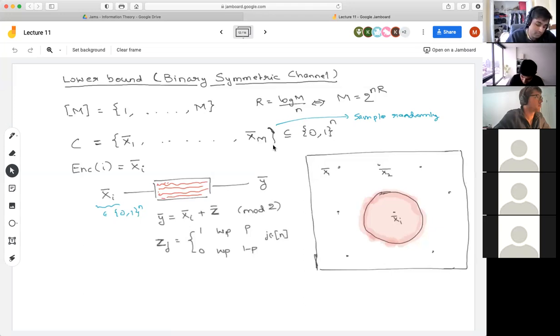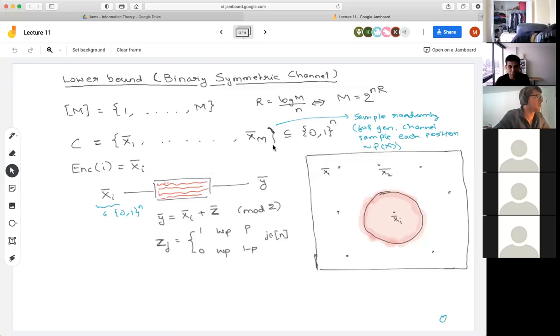The generalization is that for general channels, there is some distribution P of X which maximizes the mutual information and the capacity of the channel.